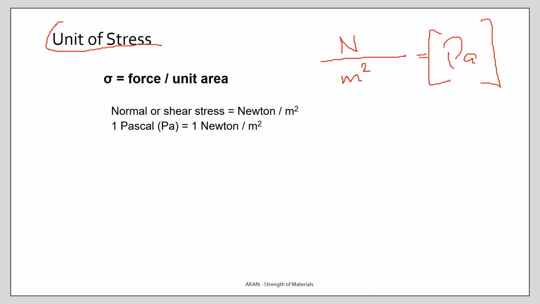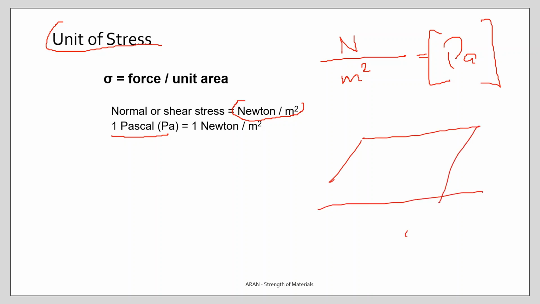Okay, Newton per meter square is 1 Pascal, and 1 Pascal for mechanical or civil engineers is a very, very small value. Imagine a 1 meter by 1 meter, let's say, area, and 1 Newton is acting on this.